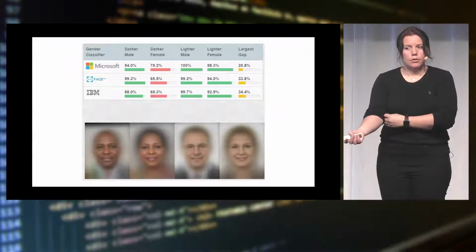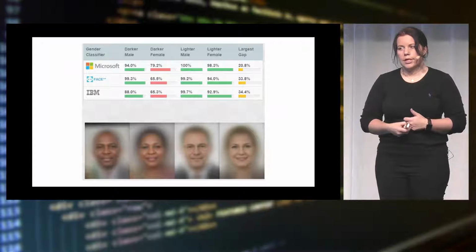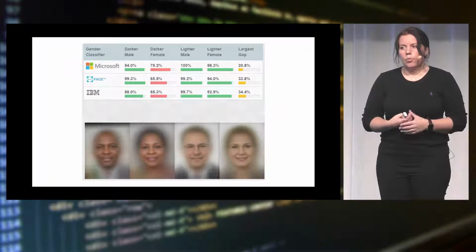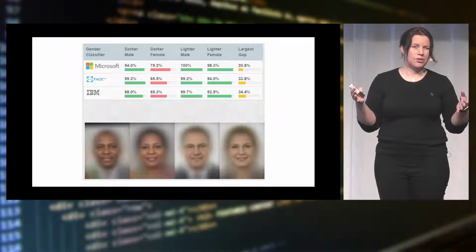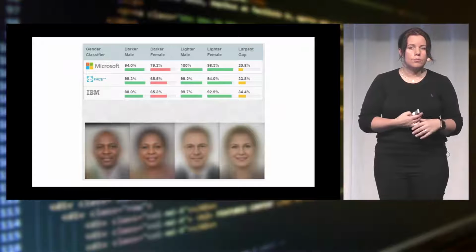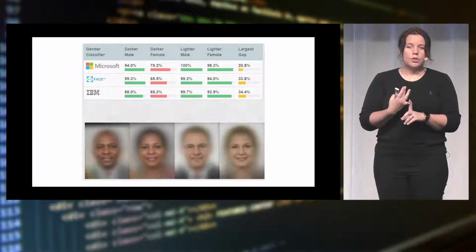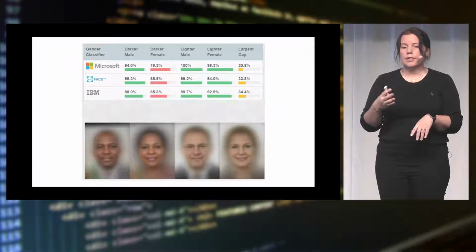In fact, the benchmark data for most face detection up until about two years ago was Labeled Faces in the Wild, which is based on whatever pictures showed up in Yahoo News between 2002 and 2004. So very much like whoever was in the news: male, pale, and stale.